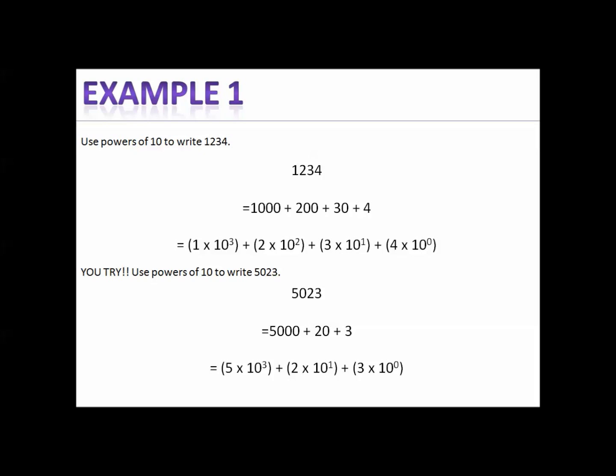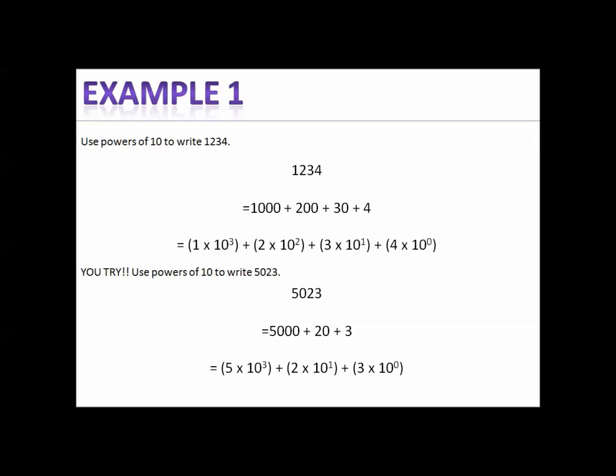So we have 2 times 10 to the power of 1 for our 20. And finally, we have 3 ones, so 3 times 10 to the 0. So 5,023 written as powers of 10 is equal to 5 times 10 to the 3 plus 2 times 10 to the 1 plus 3 times 10 to the 0.